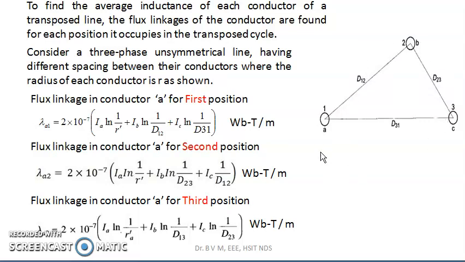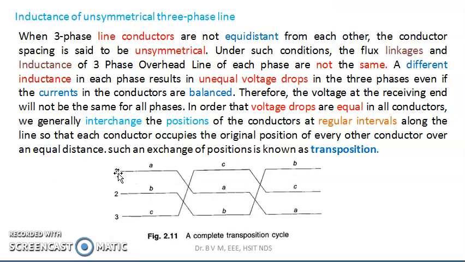What we do is we transpose the transmission line. What is this transposition of a transmission line? It is one in which each conductor's position is interchanged at a particular interval. For example, in the first interval, conductor A is in position 1, conductor B is in position 2, conductor C is in position 3.